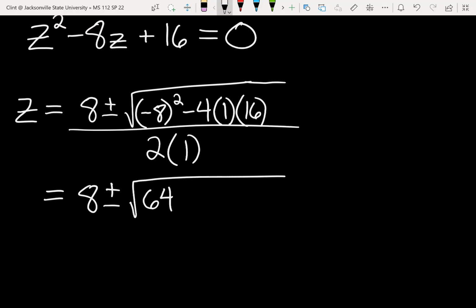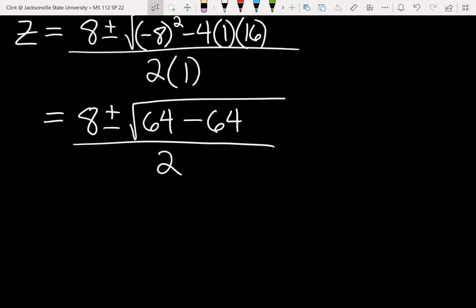So we get 64 there, minus 4 times 16, 64, 2. What's our discriminant going to be? 64 minus 64 is 0. So how many real number answers are we going to get?